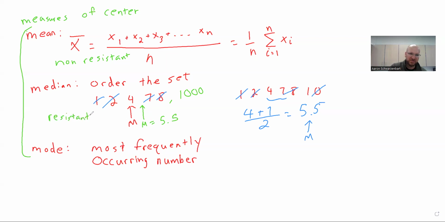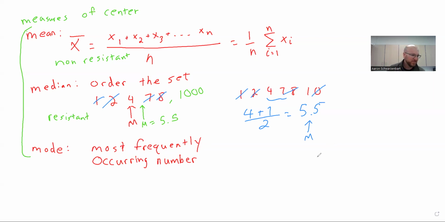Often it'll even have less effect on the median. The mean, adding this 1,000 made it go from average of 4.5 to 170, but the median only changed a little bit. Mode, usually adding one outlier does not drastically affect the mode.